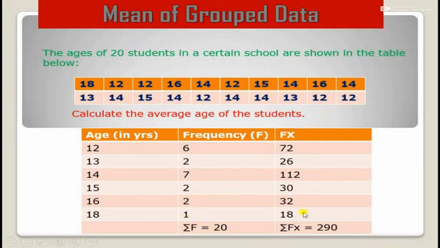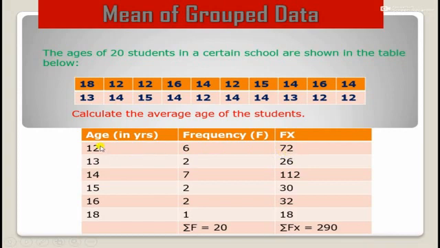Then you have another column here, which is known as f of x column. This is your x, and this is your f. So f of x in mathematics here means anything you have here multiplied by what you have here. For instance, 12 times 6 gives us 72.